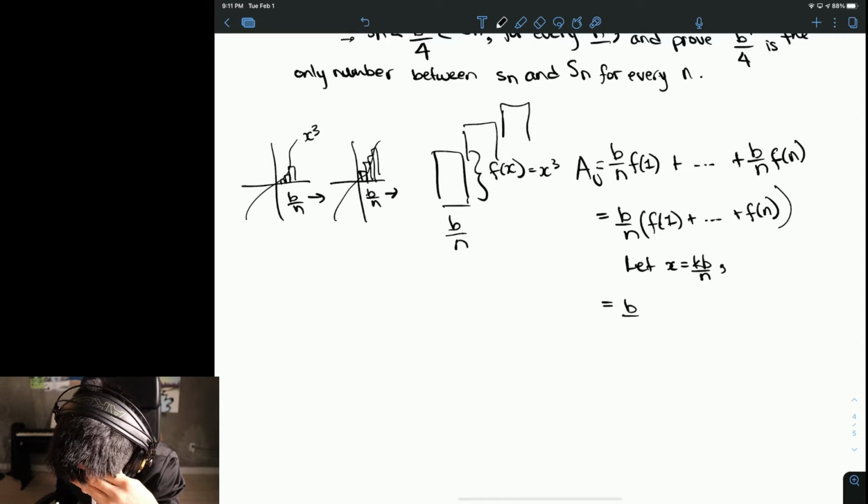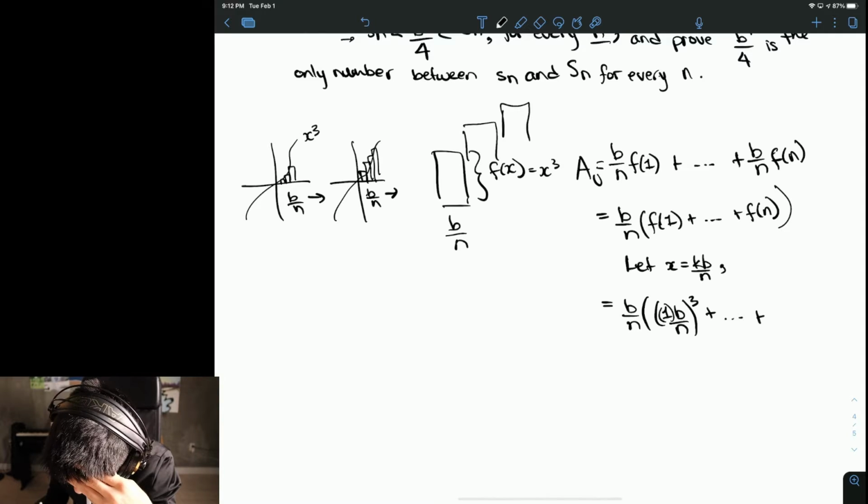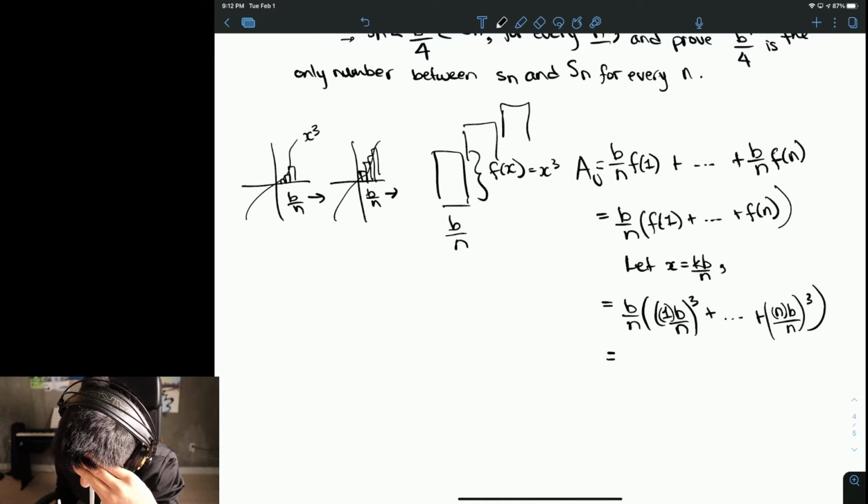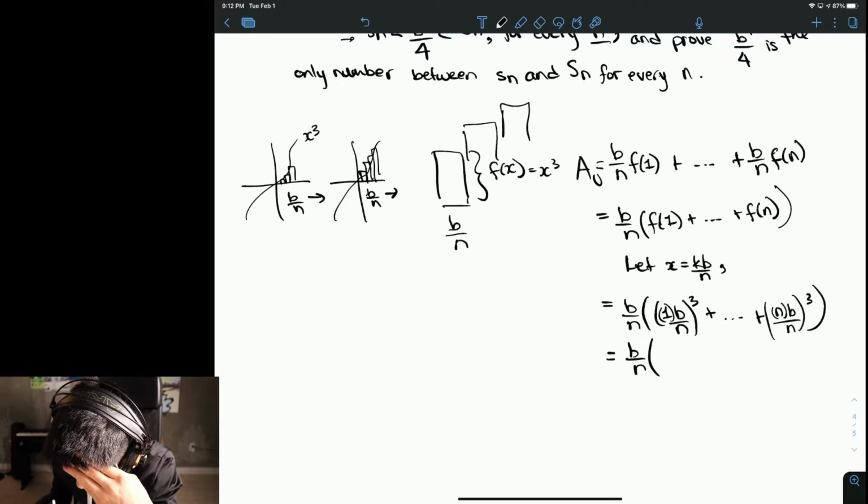Then the cube function of 1 is equal to k b over n cubed, plus all this other stuff. If we simplify it further, the cube term is going to squeeze out, which I'm doing so that it's easy to understand, but I think at this point it's not.